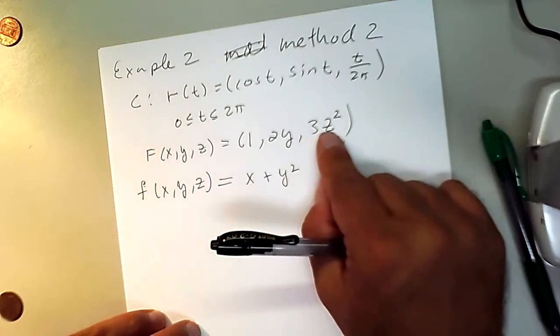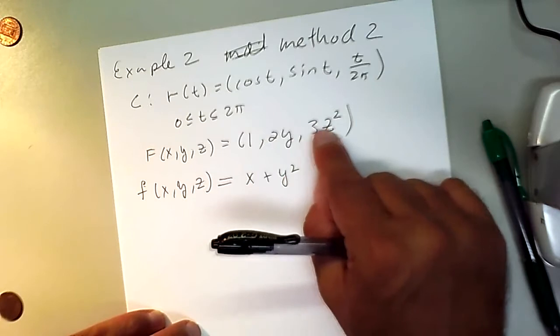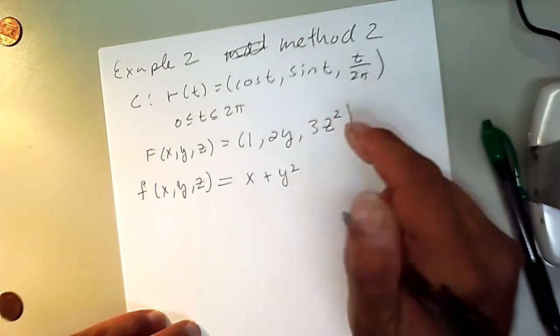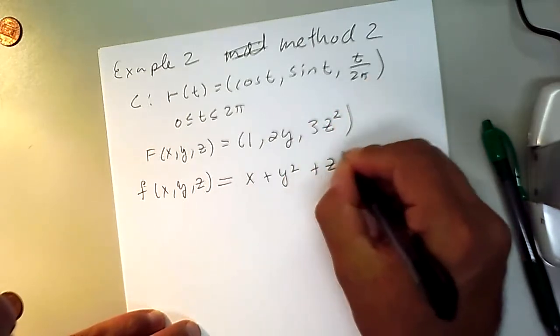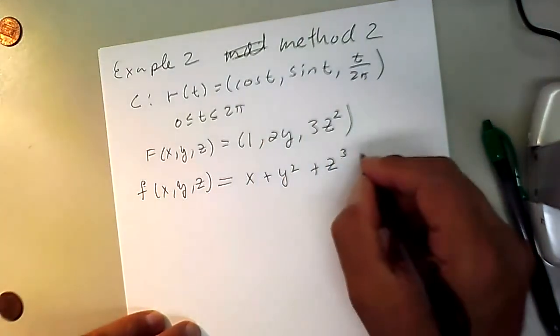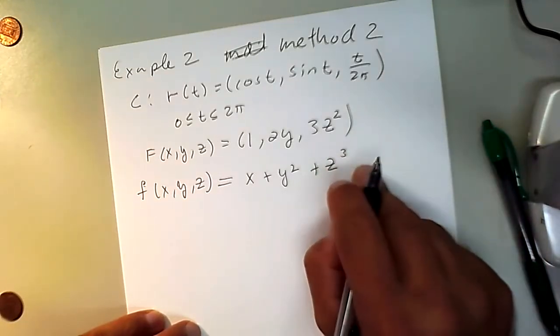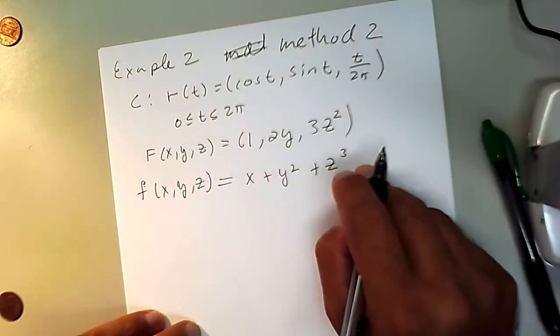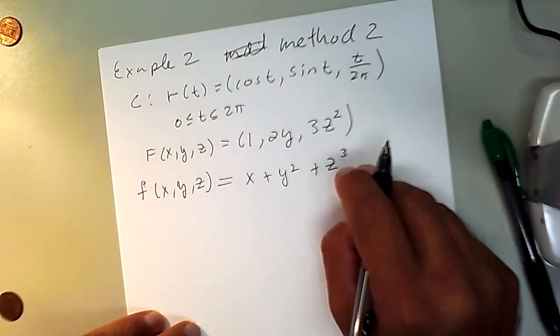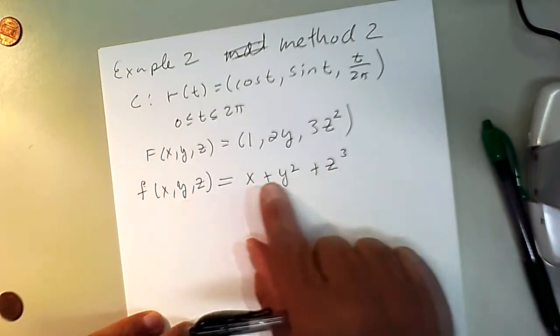Antiderivative of this with respect to z, well, it is fairly straightforward that it would be 3z cubed over 3. The 3 simplifies, so plus z cubed. And that's it. Technically speaking, we could have a constant, but for purposes of applying the fundamental theorem of line integrals, all we need is just 1 anti-gradient.